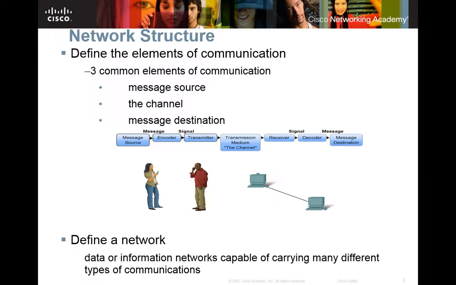The channel is the communication that you're doing, and then the destination is the receiver. The channel is also known as the type of medium that we're running, so a T1 line, things of that nature. We're going to define a network as data or information networks capable of carrying many types of communications. Sounds like convergence, doesn't it?